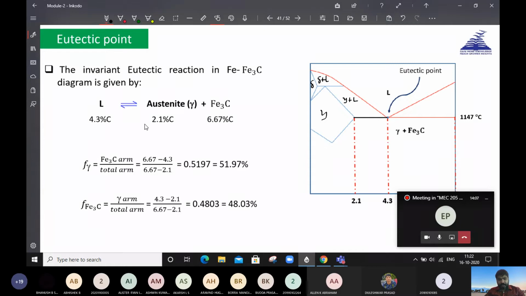So that is what I have written over here, that the composition of austenite is 2.1%. Similarly, what is the composition of Fe3C? You just move along this line, and this axis represents the Fe3C. When you come downward, you can see that the composition of Fe3C is 6.6% carbon. Any doubt so far?